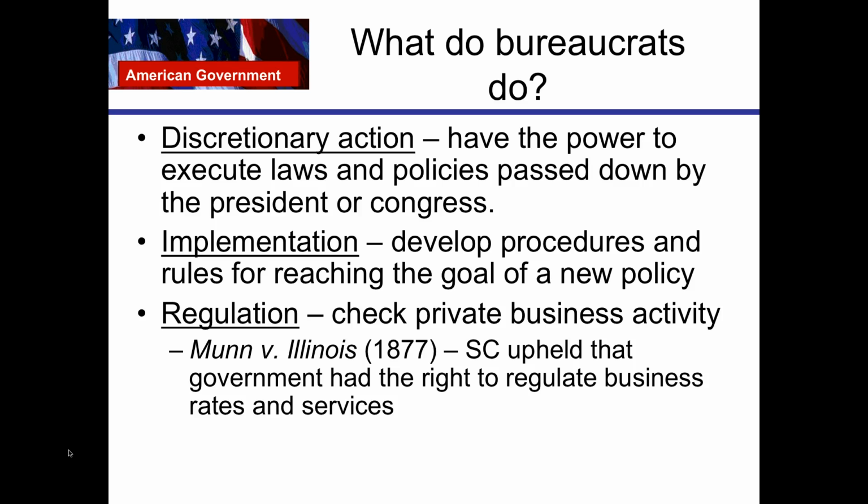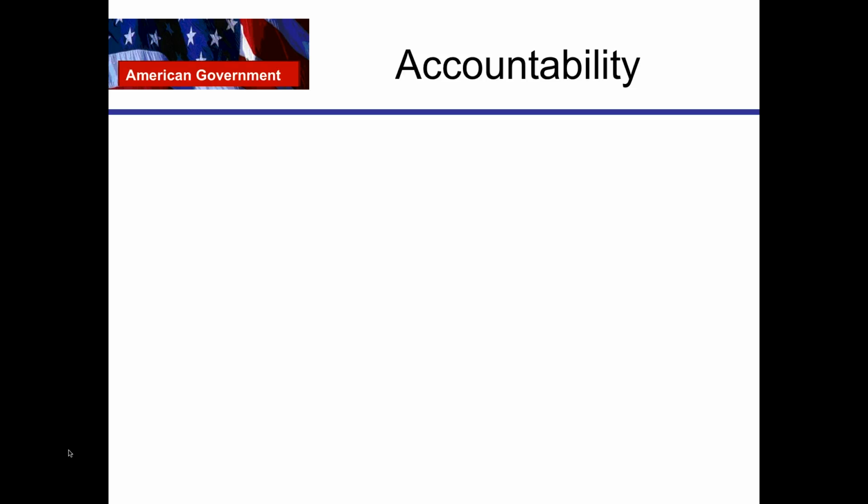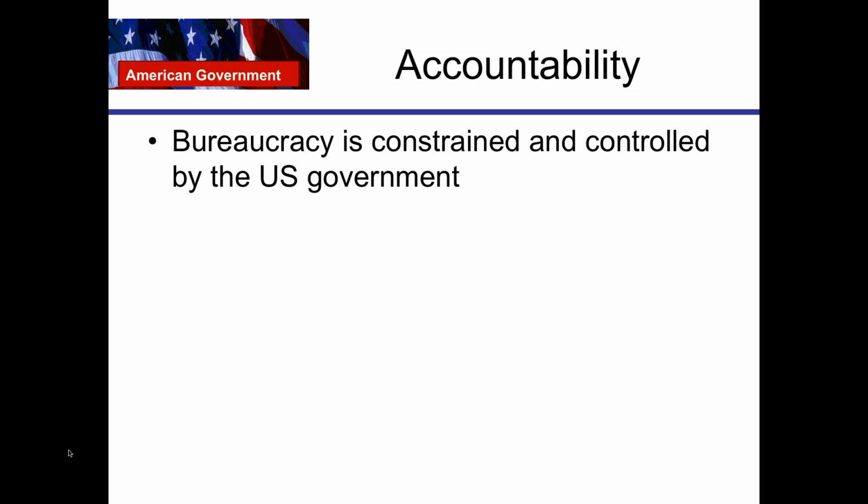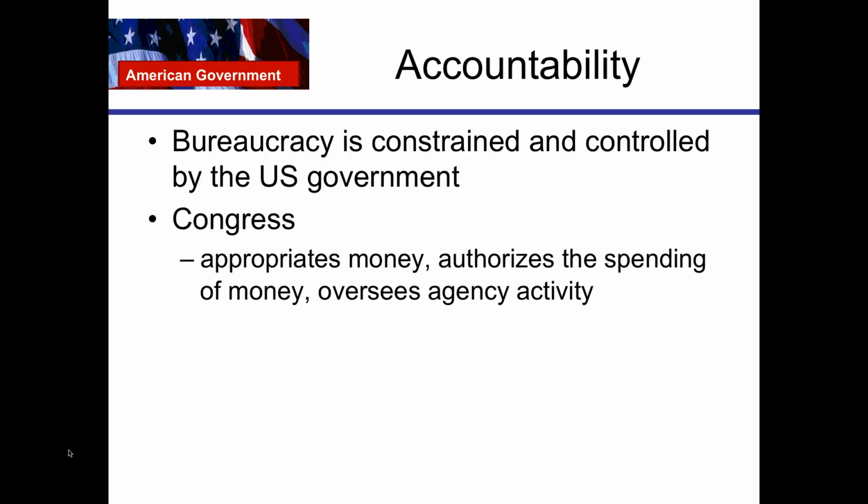Now, bureaucrats and bureaucracy are accountable. Bureaucracy is constrained and controlled by the US government. Congress holds bureaucrats accountable. They appropriate money, so they can take money away from various government organizations. They authorize the spending of money. They oversee agency activity.